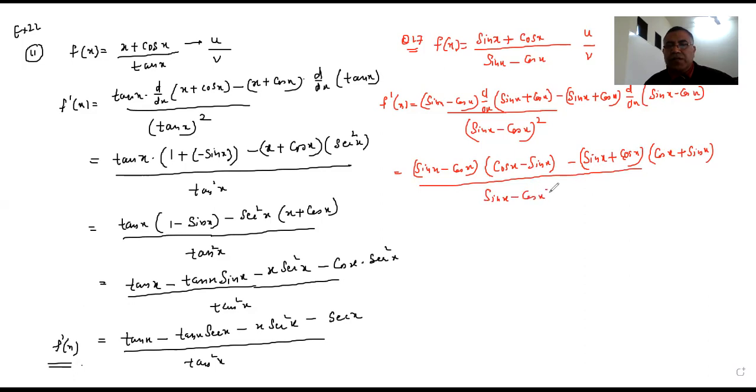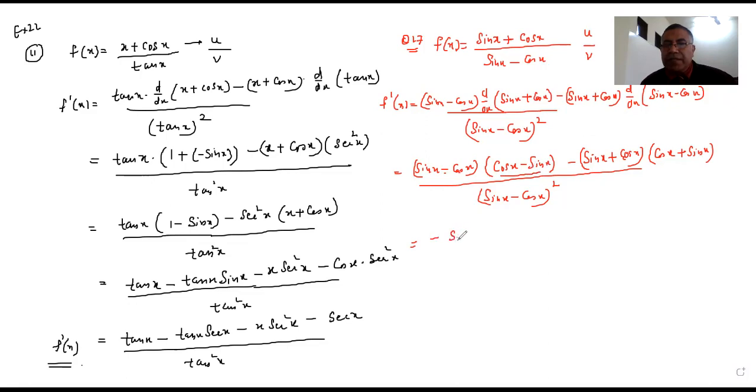Upon (sin x minus cos x) whole square, which is, now, this can be written as sin x minus cos x. So you can take negative outside from here.